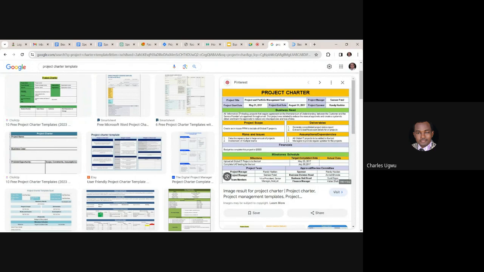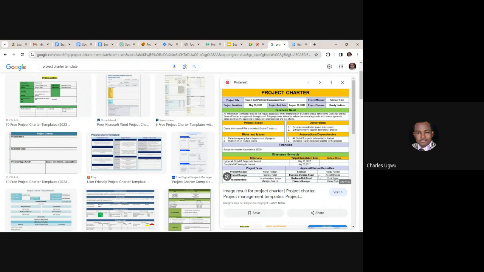You see here, it covers the project scope, the project need, deliverables, assumptions and dependencies, risks and issues, financials, milestones, project team, and approval or review committee. And from here, you see the project manager and all the people in the approval committee, like the project sponsor and the finance manager.